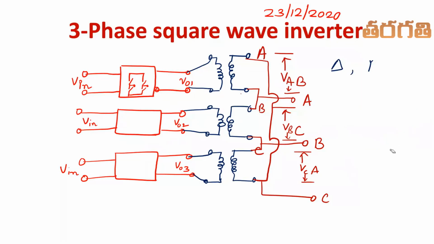So in a delta connection, what happens is we have three windings like this: A, neutral, and B, its neutral, and C, its neutral. All these are joined.